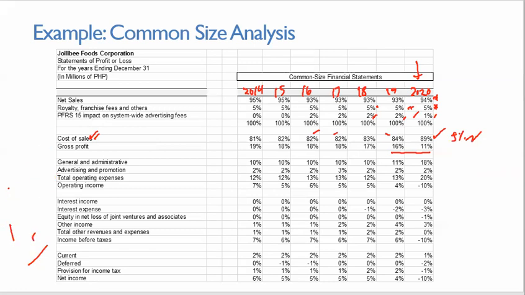Then that will give you an insight into the pain points of the company. Let's look at the numbers. General and admin shows a marked increase, so you have to understand this also. Go to the notes and understand why that happened.